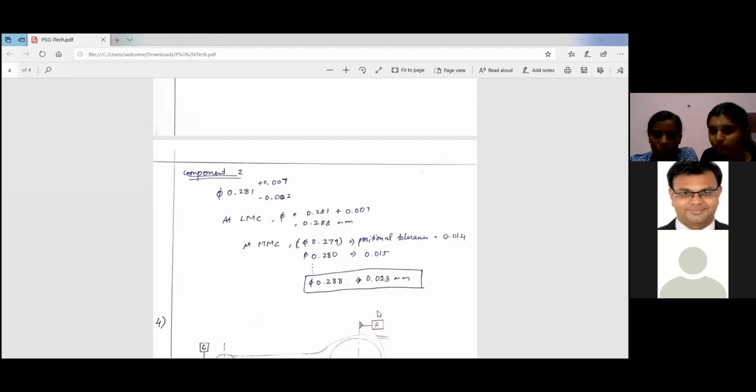Yeah, 0.023. What is the value given in the drawing? 0.014? It's 0.014. 0.023. Yeah, it's correct. Same approach, yes. Okay, go to the fourth question.